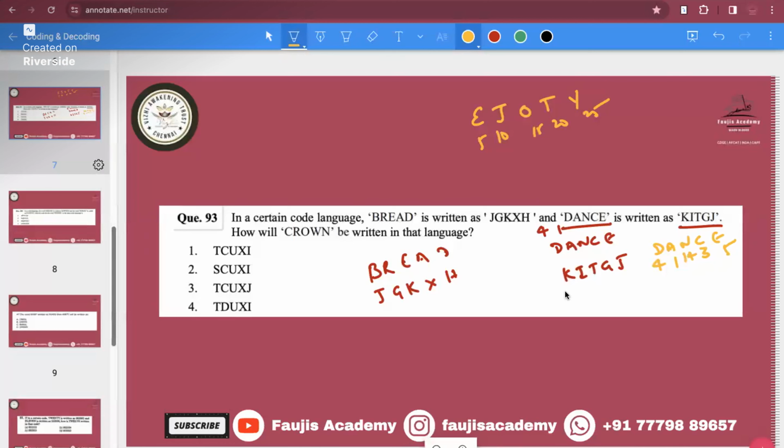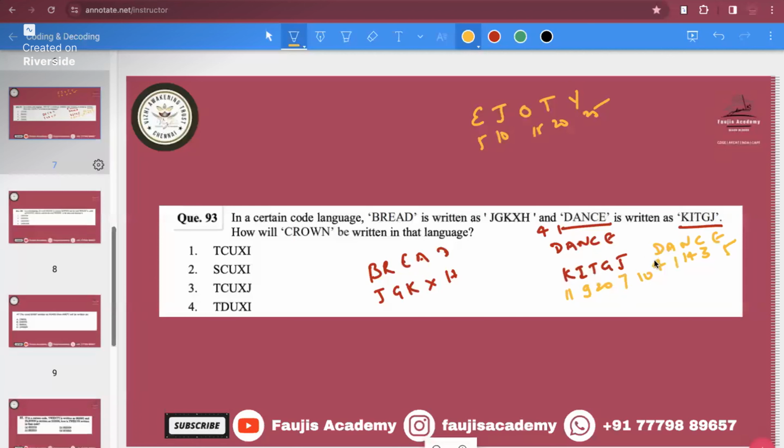And then KITGJ: K is 11, I is 9, T is 20, G is 7, J is 10. A, B, C, D, E, F, G. G is 7, right? E, F, G, H, I, J. J is again 10. Okay.